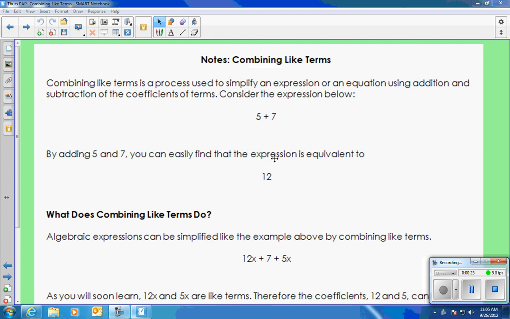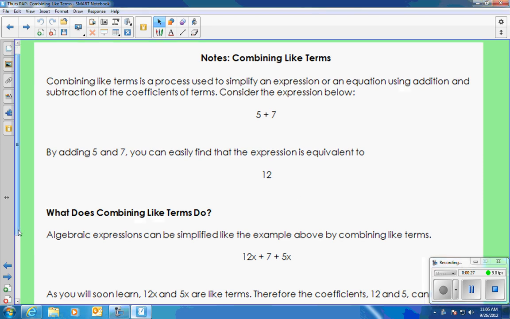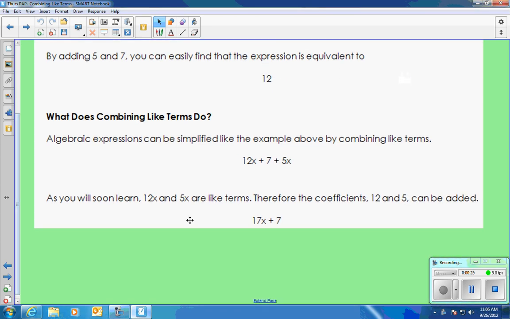We say 5 plus 7 is 12. But sometimes we have variables in our expressions, and combining those like terms is a little bit different. So an expression like this, we have some coefficients. Coefficients are the number in front of the variables.